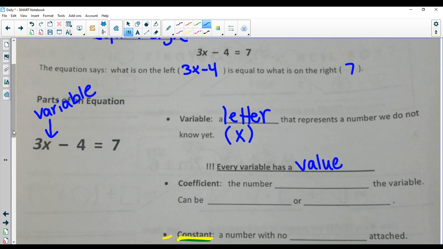Another new word is called coefficient. Can you say coefficient? Coefficient. Okay. In a plane, who flies a plane? The pilot. Now, if you're flying a long way, there's not just one pilot.